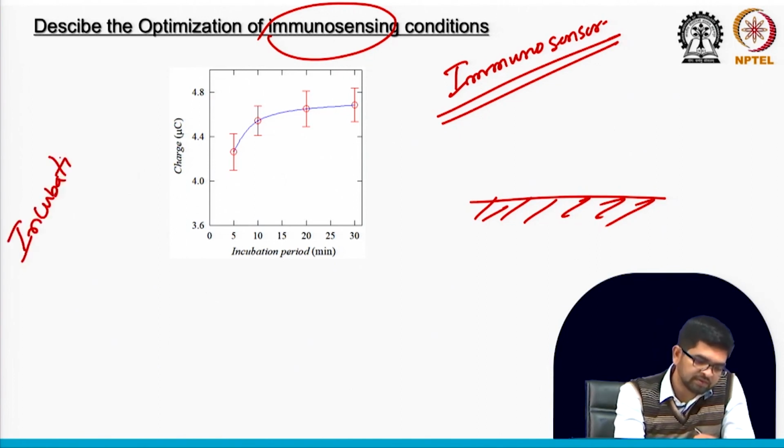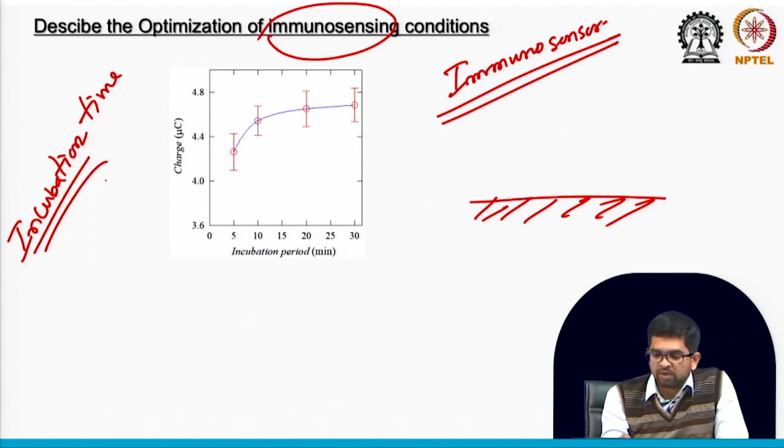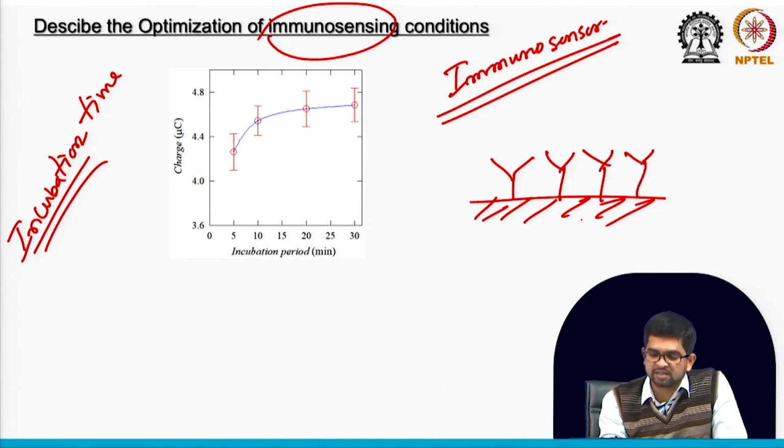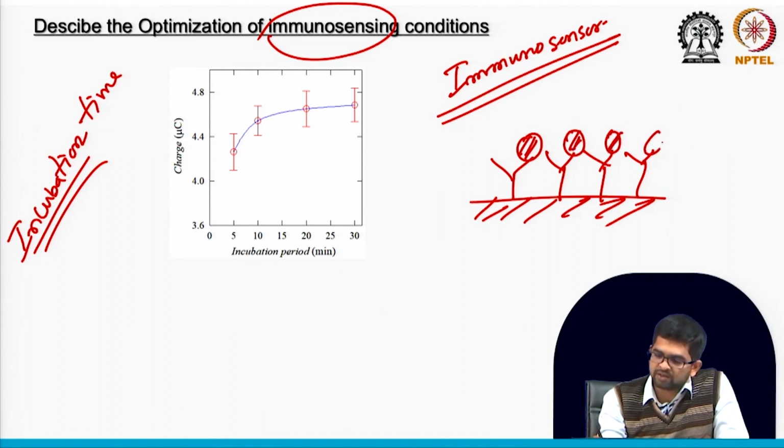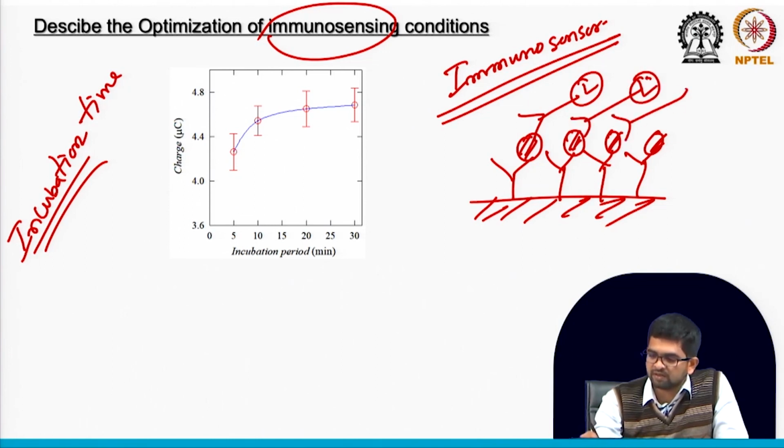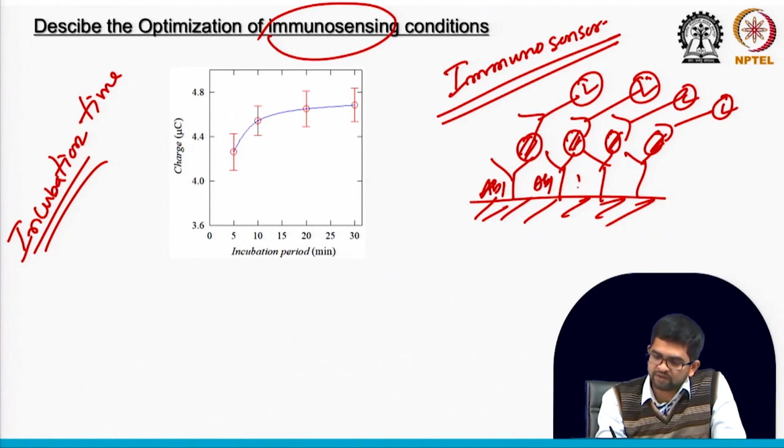What is incubation? Your biosensor is ready for detection, with primary antibody coated, this is the sensor, and you add the target, which is already bound, and your secondary antibody that is already labeled, right? This is the primary antibody, antibody 1, and this one is the secondary antibody, antibody 2.